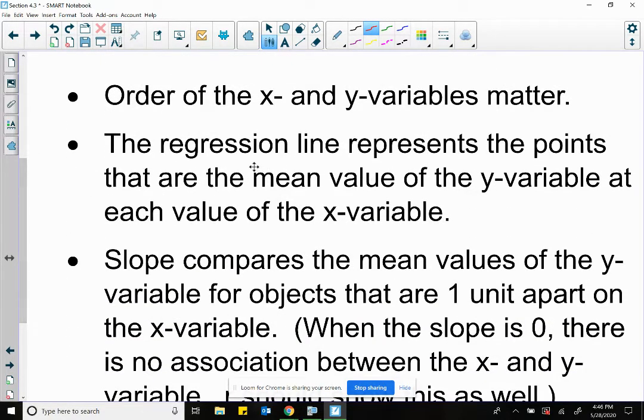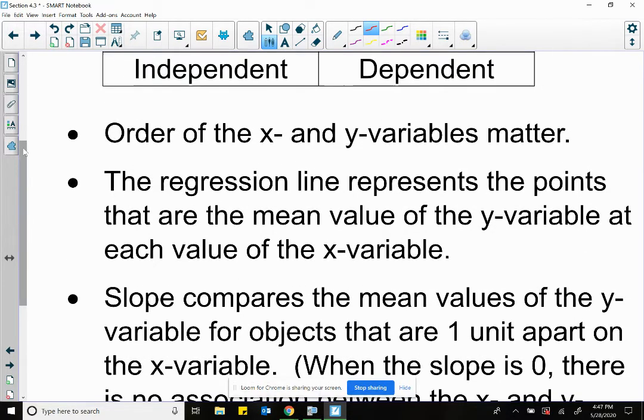Right here, the regression line represents the points that are the mean value of the variable at each value of the x variable. So that's saying where the line comes from in our regression. Remember in 4.2 when I showed you the scatter plot on StatCrunch, how it gave you that red line in there?